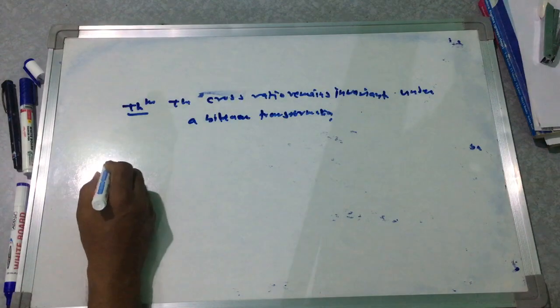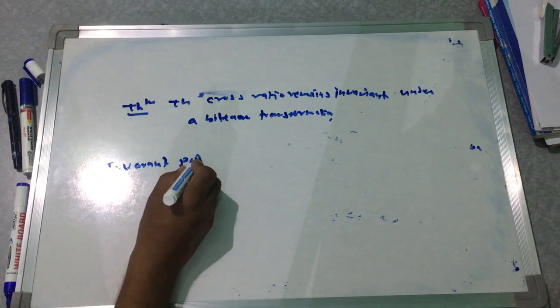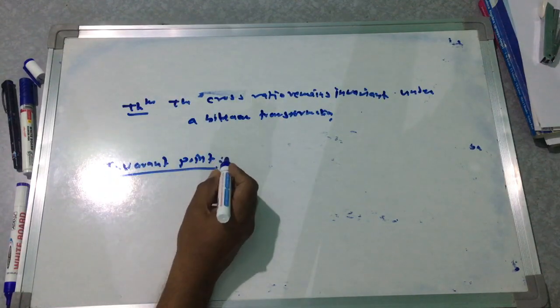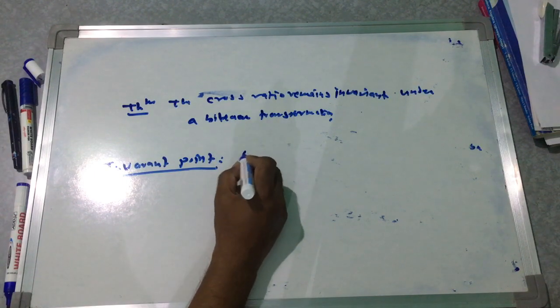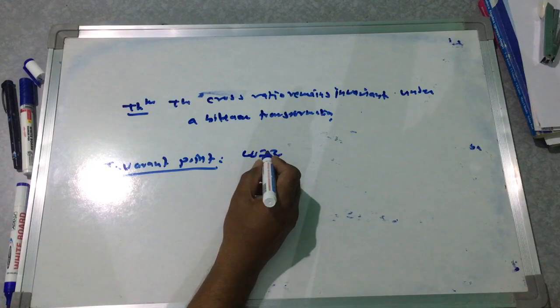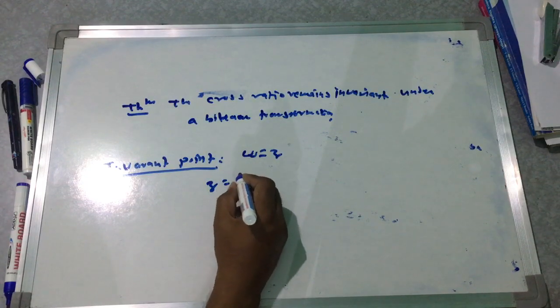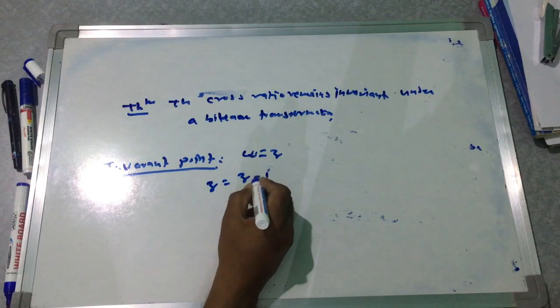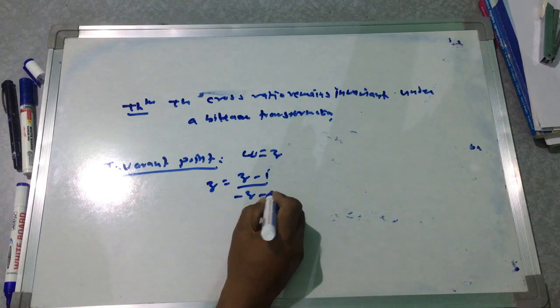Invariant points. The invariant points are obtained by taking W equal to Z, with Z equal to (Z minus I) upon (minus Z minus I).